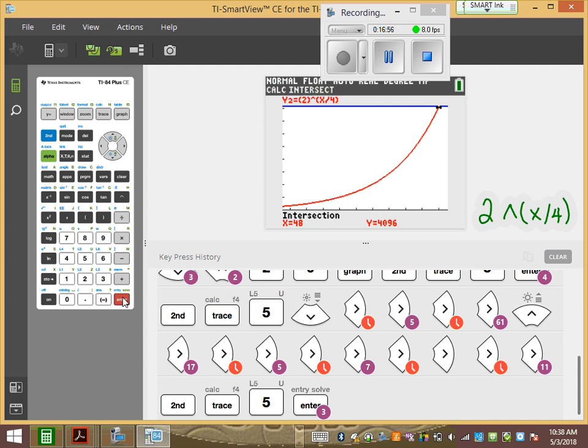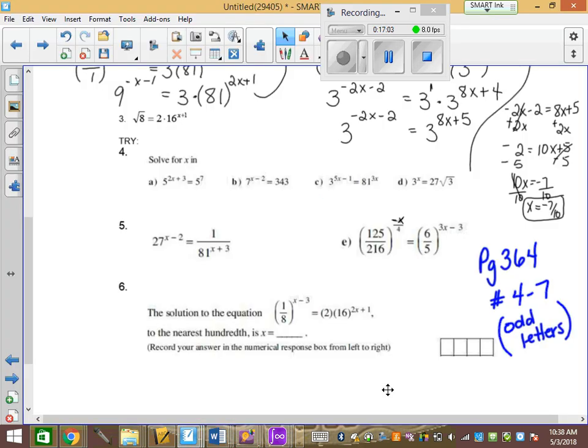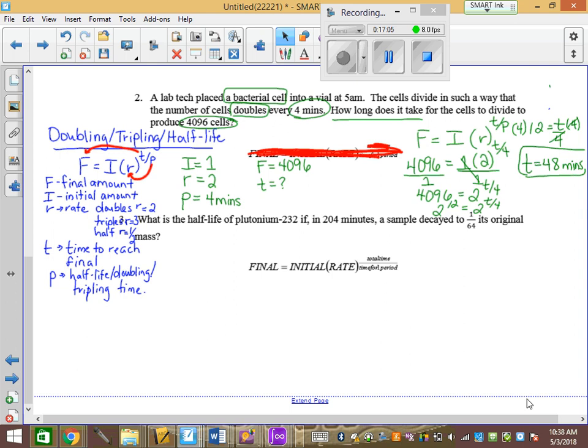But the reason why we don't take the y is, I could have solved this equation up here by moving this over by subtracting it, setting equal to 0, and then finding the x-intercept. And it'll still give me 48. So you can rearrange this equation all you want and do y1, y2. That's why the y doesn't matter. Only the x matters. So it's 48. Okay? All right.